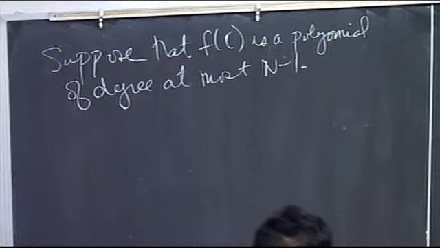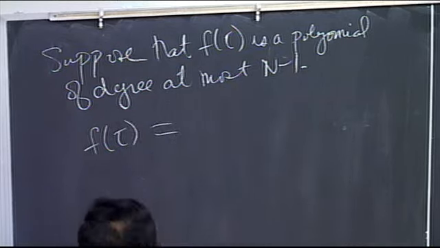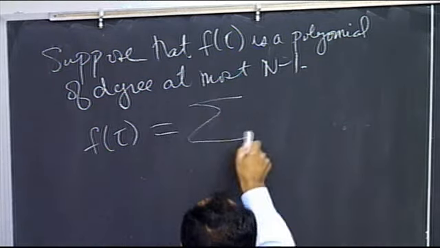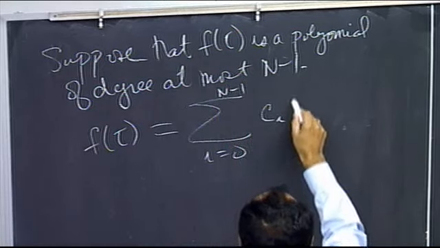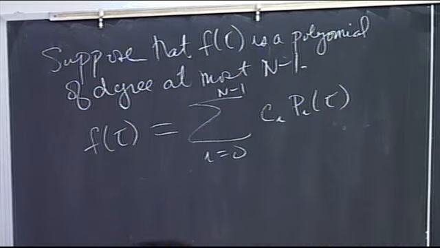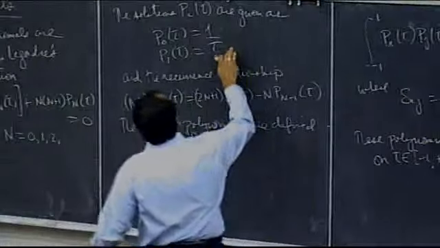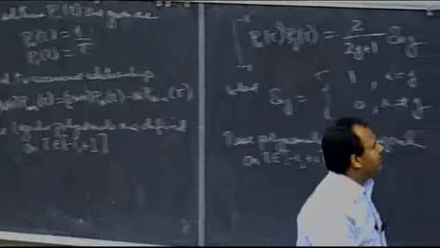Okay, so it's at most n minus 1. Then you can write f of tau as a linear combination like this: the sum from i equals 0 up to n minus 1 of ci times Pi of tau, because the first Legendre polynomial is a constant, the second one is a linear function, the third one's a quadratic, et cetera, right? So you can write it this way.